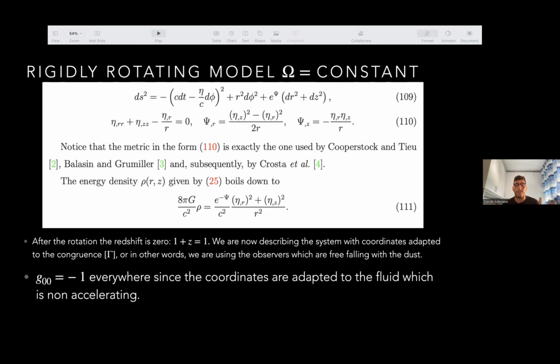This is exactly what happened here. The same happens, for example, in the Friedmann-Robertson-Walker model for the isotropic and homogeneous universe, in which you have the first term that is fixed because you are in coordinates that are adapted to the fluid.